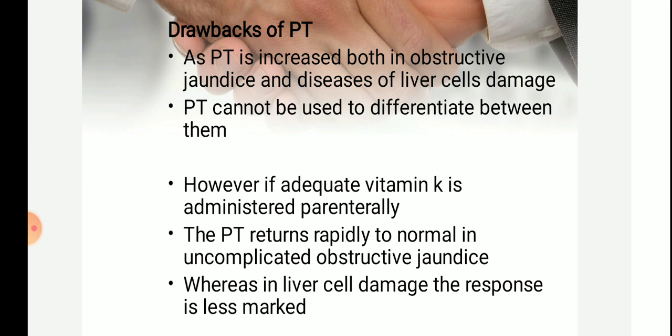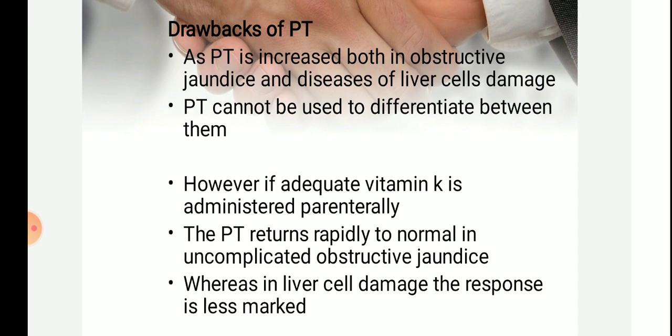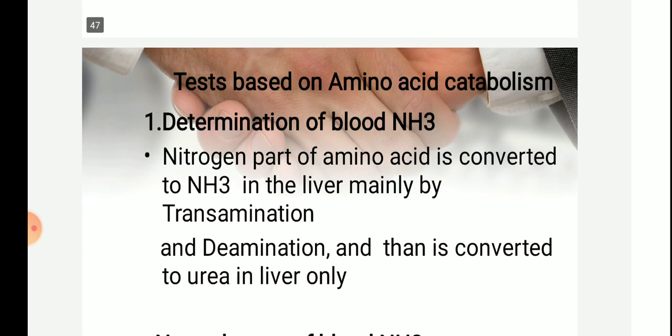However, if adequate vitamin K is administered parenterally, then PT returns rapidly to normal in uncomplicated obstructive jaundice. Whereas in liver cell damage, the response is less marked. So basically, this is how you differentiate after administration of vitamin K.